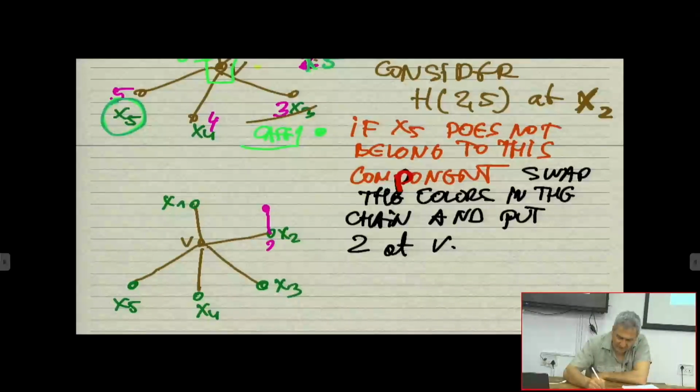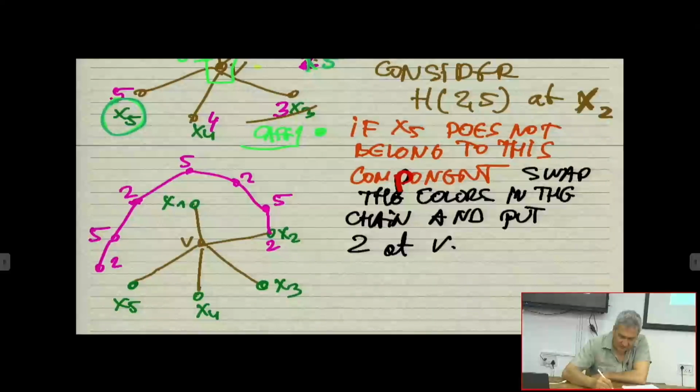This is color 2, 5, 2. You see this well? Okay, 5, 2, 5, 2, 5. And maybe also here some 5, and maybe here also some 2, and so on.